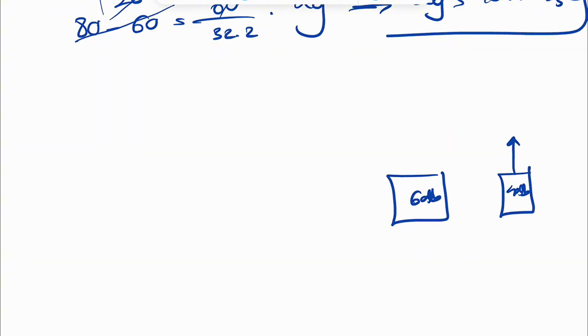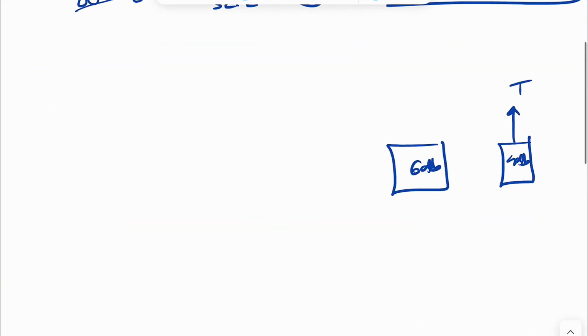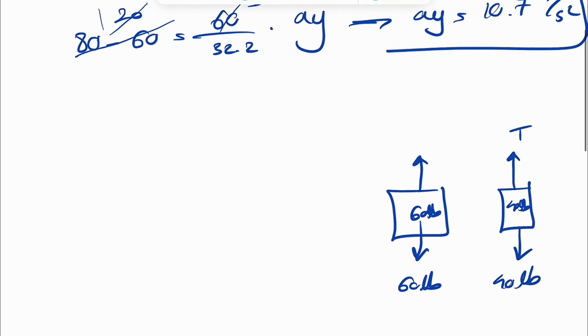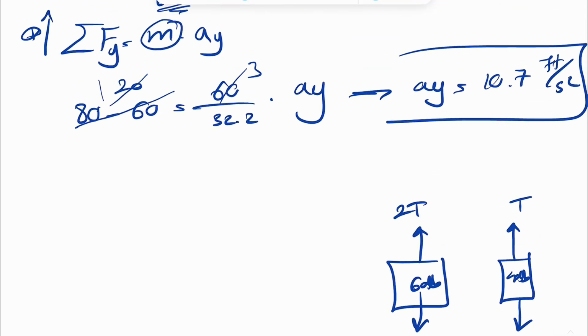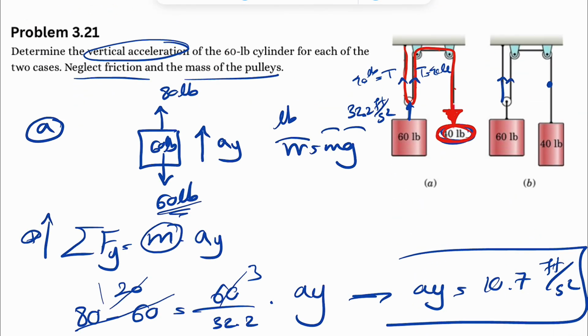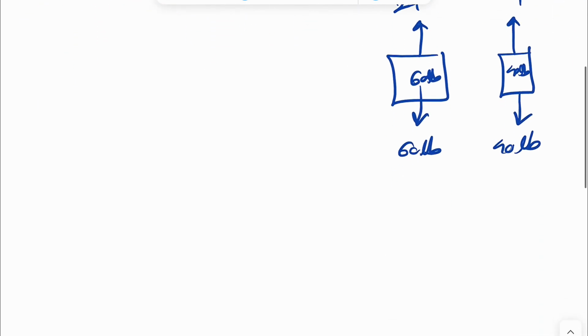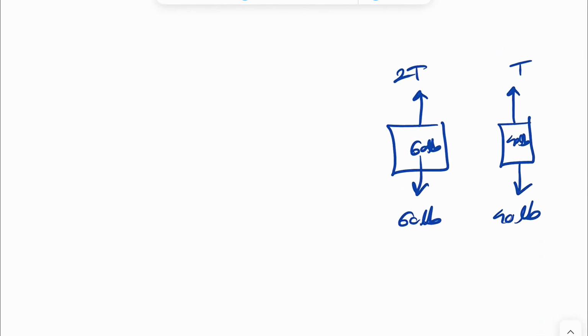So the 40 pound has a tension of T, and we have the weight of 40 pounds. And for the 60, we have the weight of 60 pounds. And the tension, again, is going to be 2T because of the same thing. We have the same story as in the previous part too. So each of them is T. The only difference in here is we don't know the T and we don't know the acceleration.